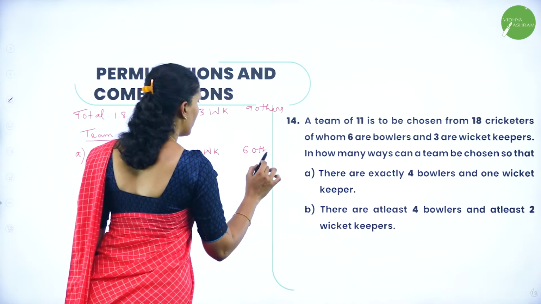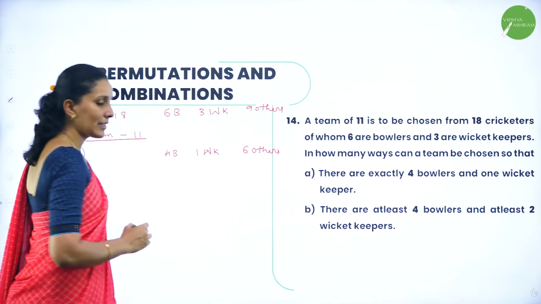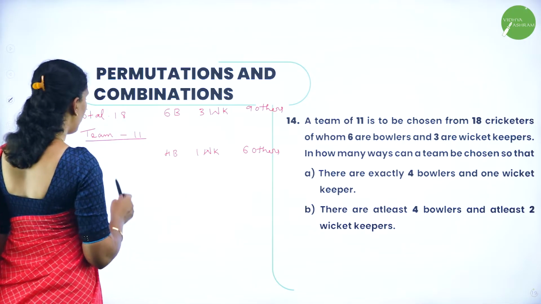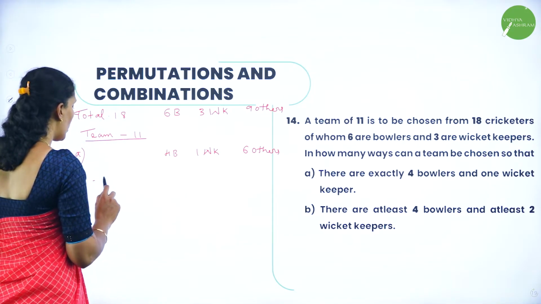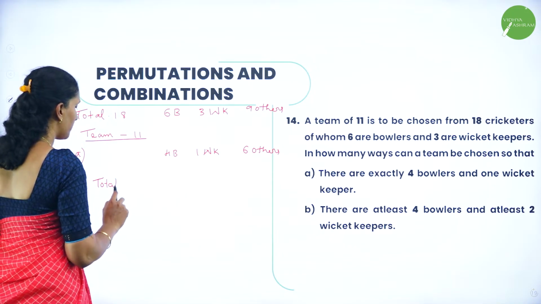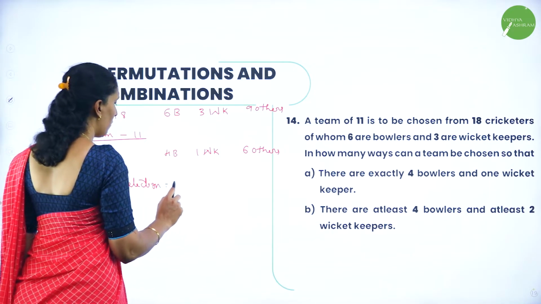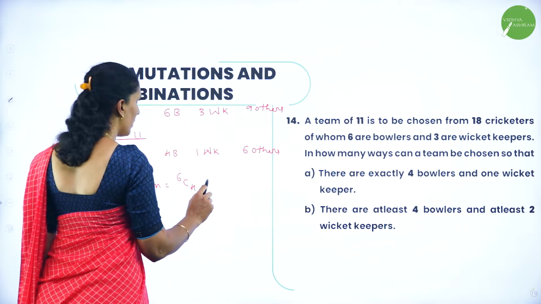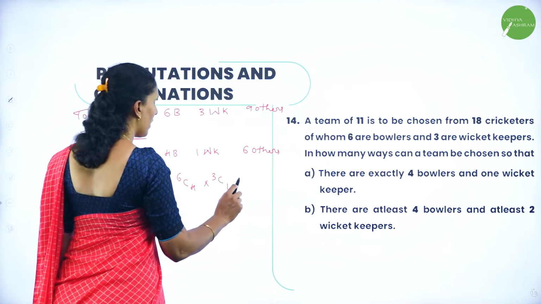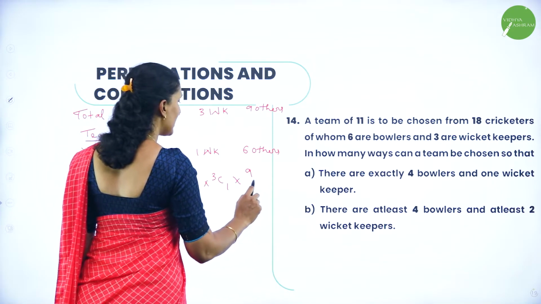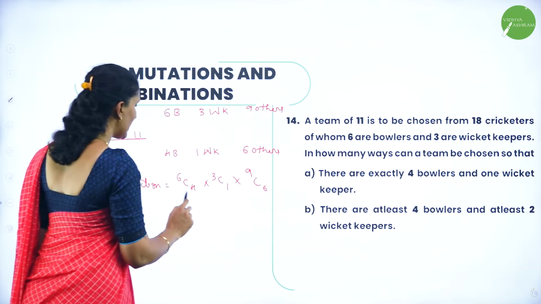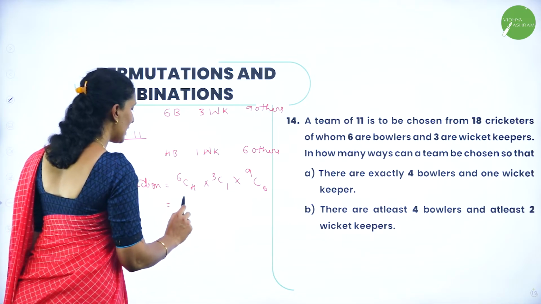So therefore, we need to select 6 from the others. So my total selection will be equal to 6C4 into 3C1 into 9C6. So 6C4 can be written as 6C2.